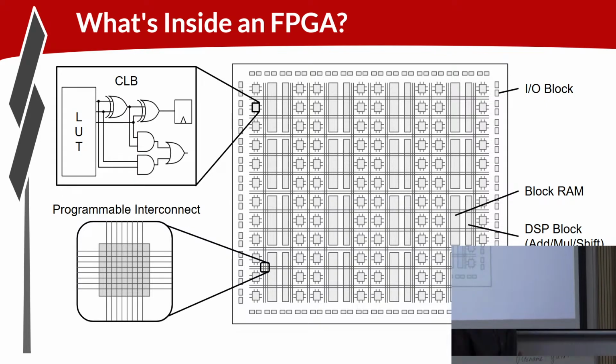And around the periphery, you've got I/O components, and then also this thinner one here in this diagram is representing DSP blocks, which are basically an add multiply unit. Just because add multiply is a very common operation, so they give you a highly optimized add multiply unit.